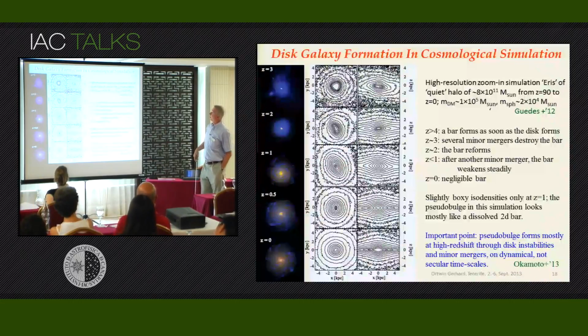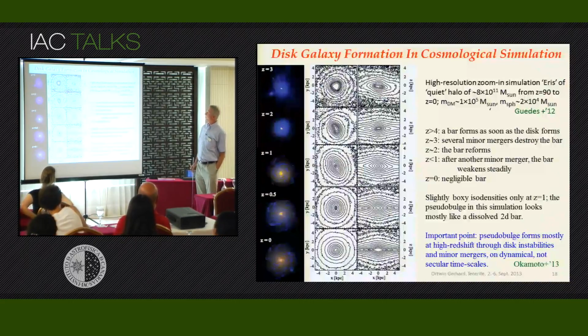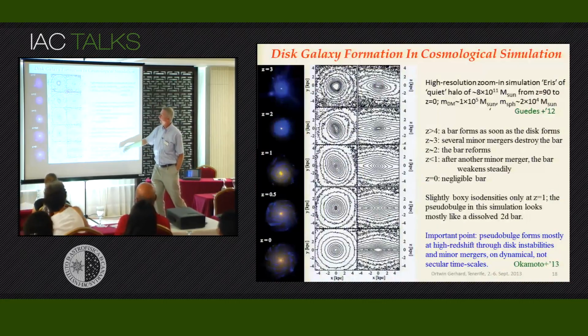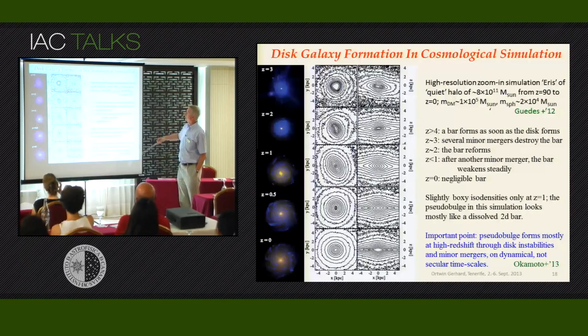Now in a bit more detail, it's the so-called ERIS simulation. It's been made by colleagues from Zurich and Santa Cruz. And you can see here a sequence of plots from this ERIS halo and ERIS galaxy.